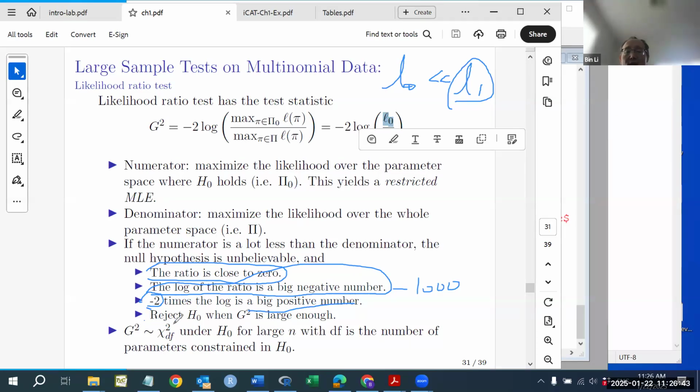So this gives us, we will reject the null hypothesis if the G square is large enough. Okay, so if the G square is close to 0, we fail to reject. If it's very large, we will reject the null hypothesis. Okay, and this one also follows a chi-square distribution with degrees of freedom C minus 1.